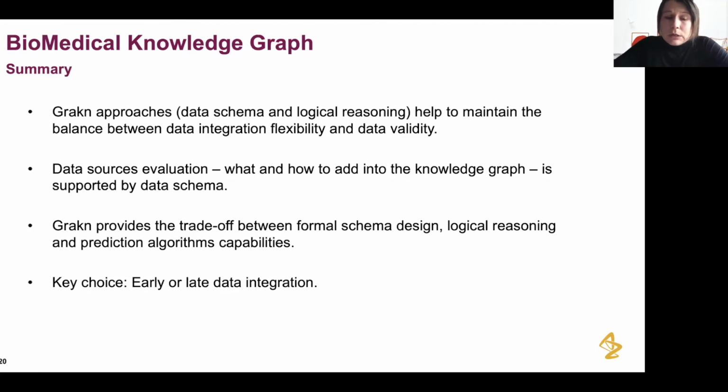And finally, this key choice: early or late data integration. That's coming back to this data factory before you are loading the data, or within the data schema. For us, as a research group, this late data integration is very important and needed. But I believe that in every particular case, people have to make this decision. I'm working in AstraZeneca.